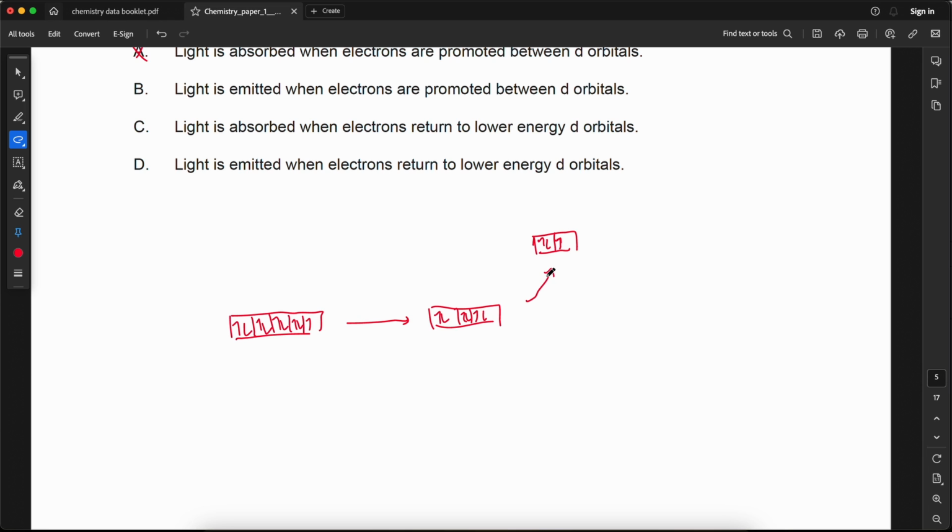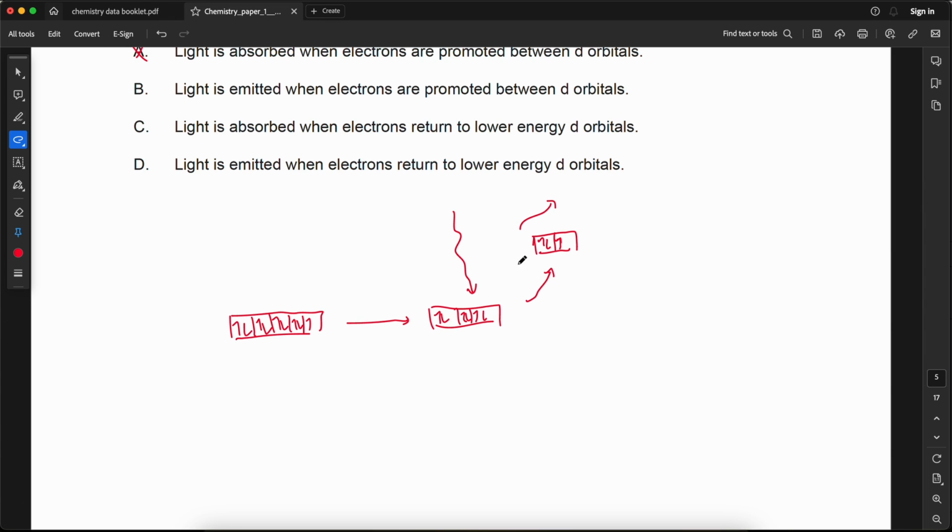So the electron is promoted. When there is incoming white light, some wavelengths are absorbed. All right, so when the electron is promoted between the d orbitals, the specific wavelengths absorbed are associated with the specific energy difference between the d orbitals and then a specific color.